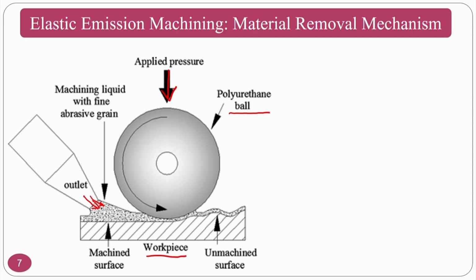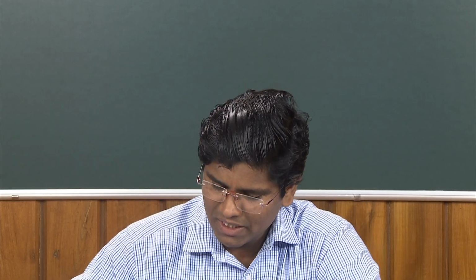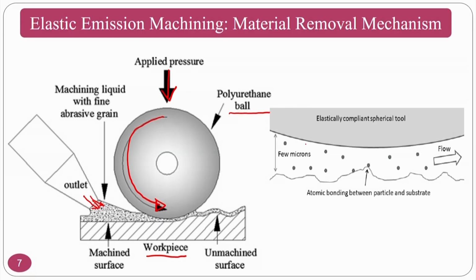This is the normal load and this is the rotation, because of which it will force the abrasive slurry towards the finishing region. That is why the finishing takes place, and this finishing is not by virtue of shearing or something, but it might be by virtue of chemical reactions and other things.